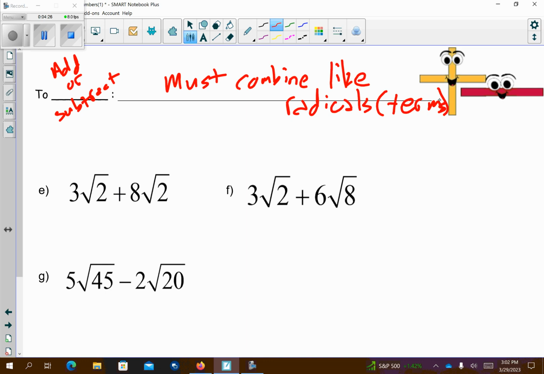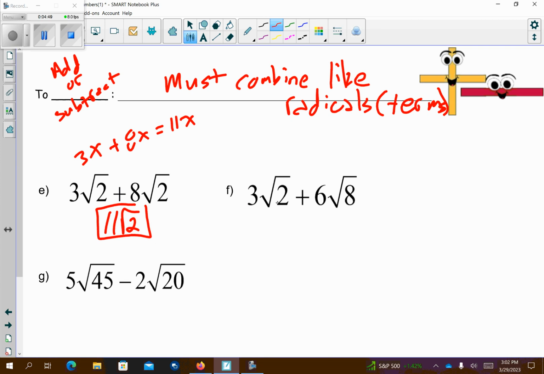So notice I have a root 2 and a root 2. So if we add these together, 3 plus 8 is 11, and then the root 2 comes along. It doesn't change. It's like an x. So if this was 3x and this was 8x, it would come out to be 11x. So we're treating the radical as like a variable, a letter.